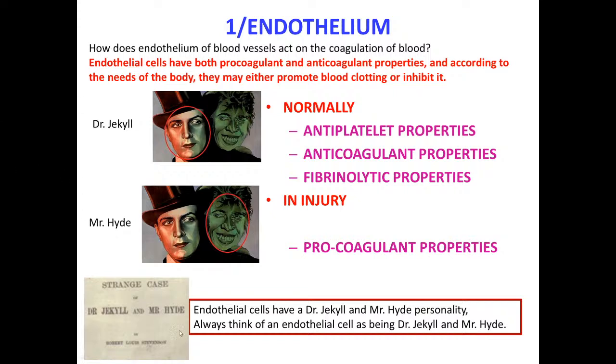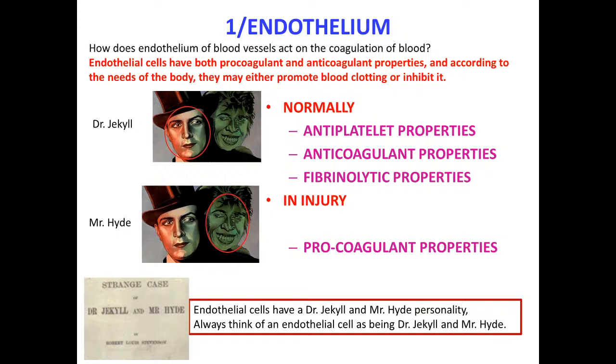Endothelial cells have a Dr. Jekyll and Mr. Hyde personality. Strange Case of Dr. Jekyll and Mr. Hyde is a Gothic novel by author Robert Stevenson. It's a very fitting analogy for endothelium, because the two persons are one and the same person.